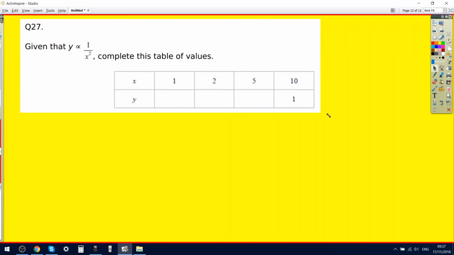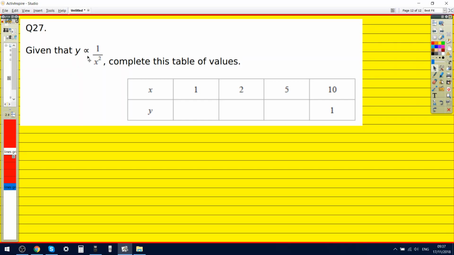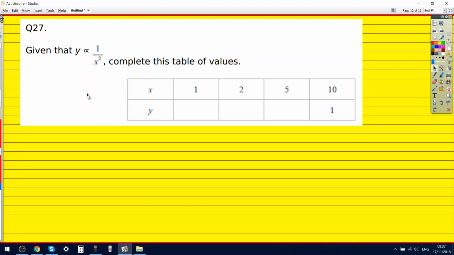Okay, how do we do this? And this little symbol here means proportional. What's the difference between proportional and directly proportional? Directly proportional is like kx. This symbol just means proportional.